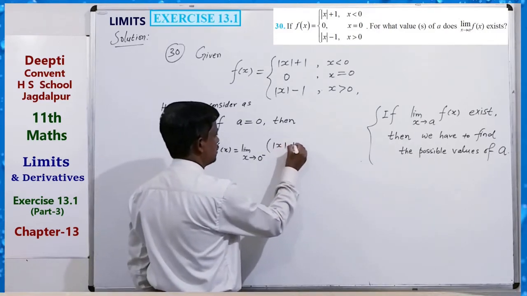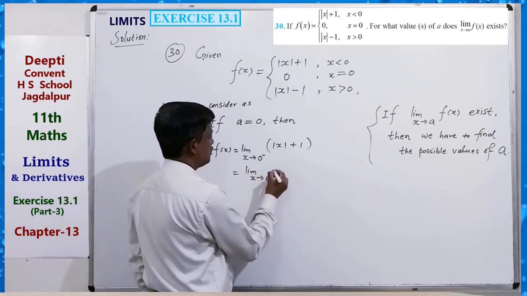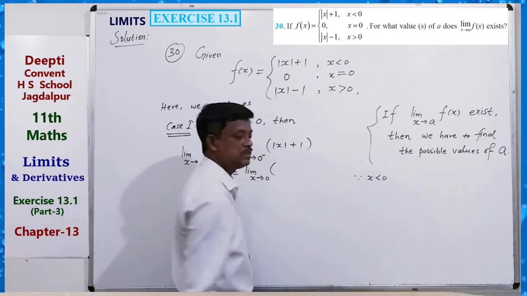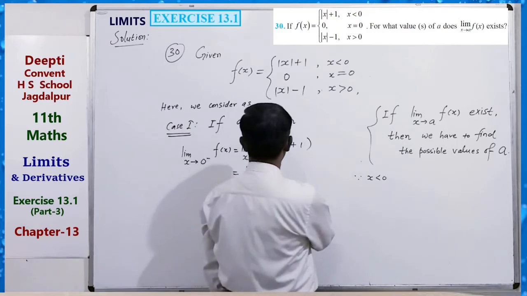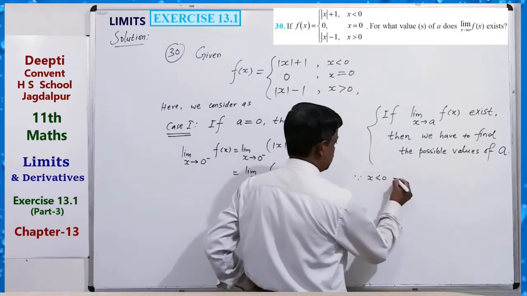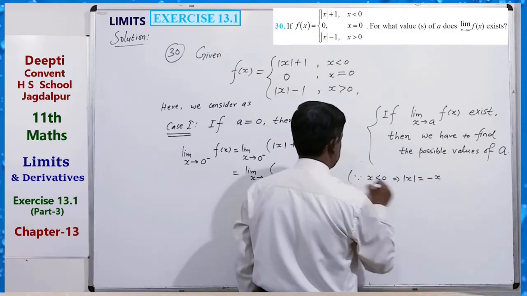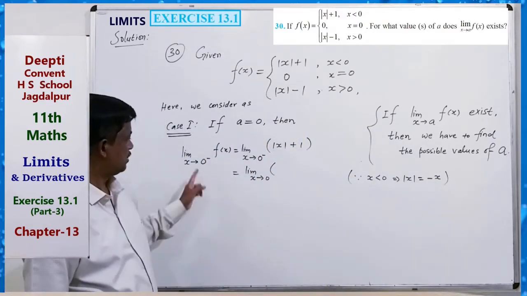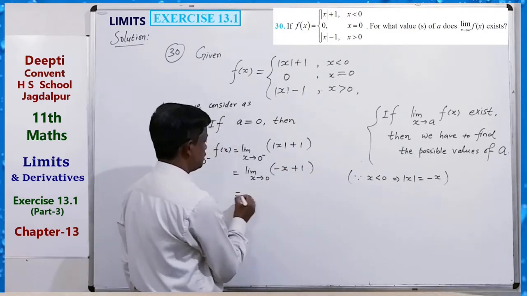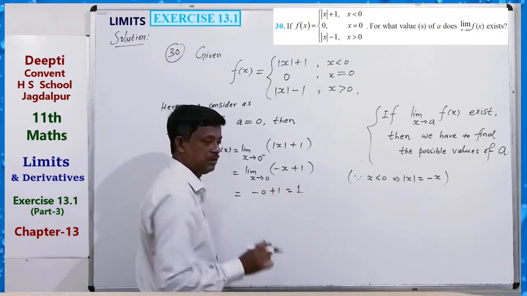Since x is less than 0, mod x equals minus x, so minus x plus 1. So here we get minus 0 plus 1, which equals 1.